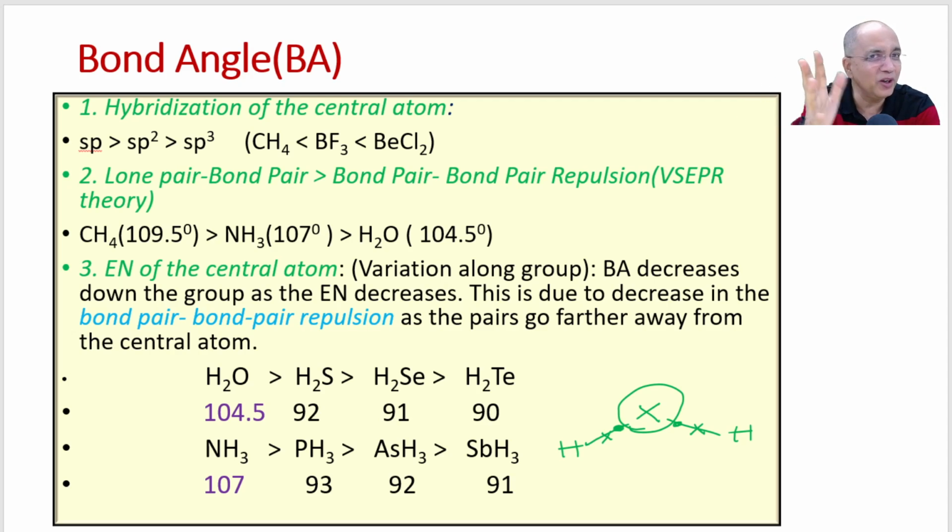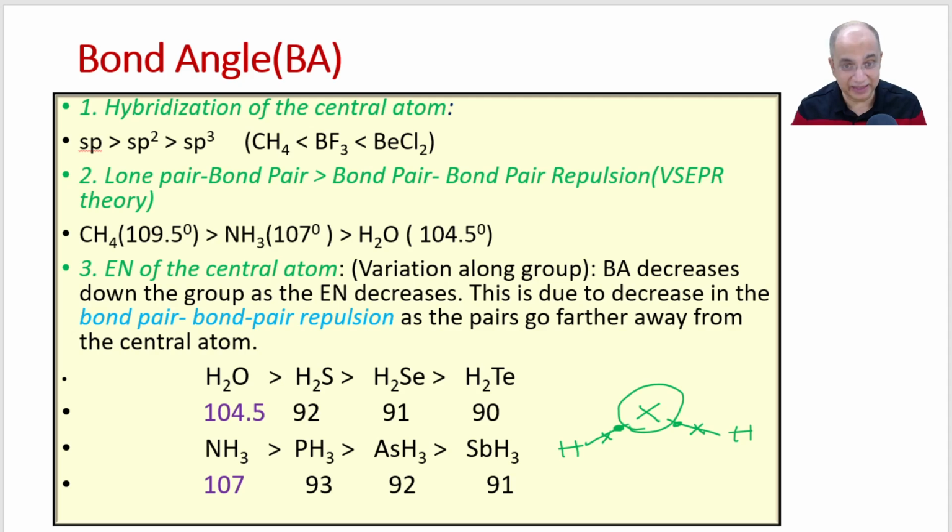So therefore, you will not find any molecule involving hydrogen and a third period element, like phosphine, like H2S, like arsine, with angle exceeding 100 degree or even coming close to 100 degree. It will be in the vicinity of 90, which means that the central atoms are mostly using the pure p orbitals which are lying perpendicular to each other.